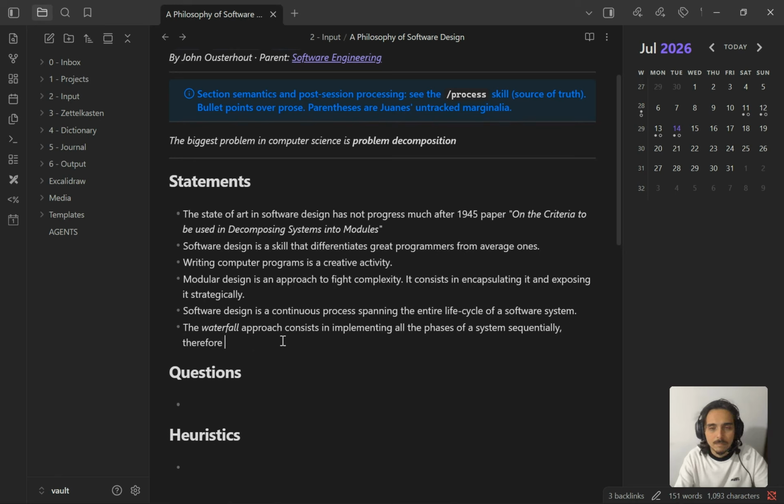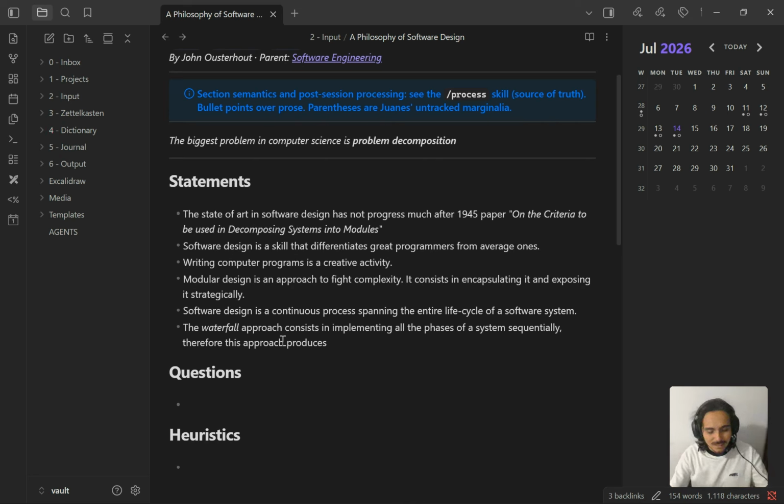Therefore, this approach produces bad designs. I don't like using words like bad and good a lot. They are very general words that can mean anything for anyone.